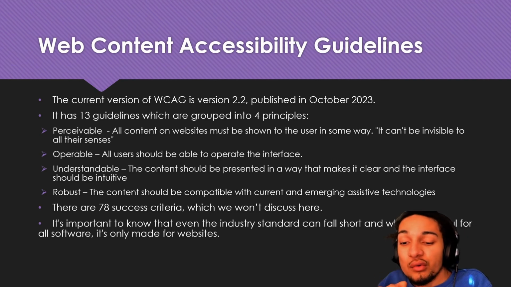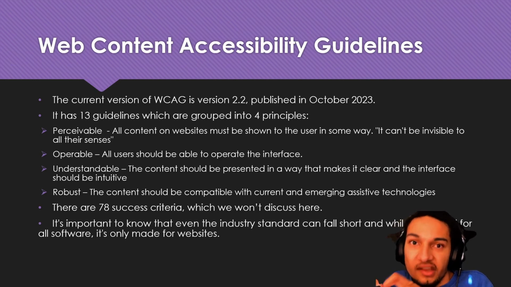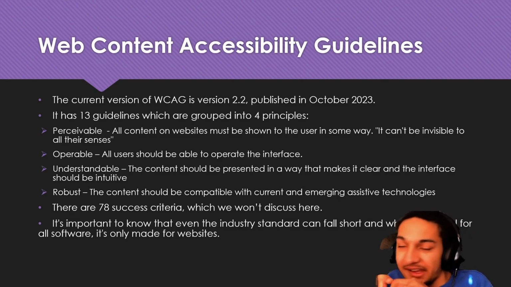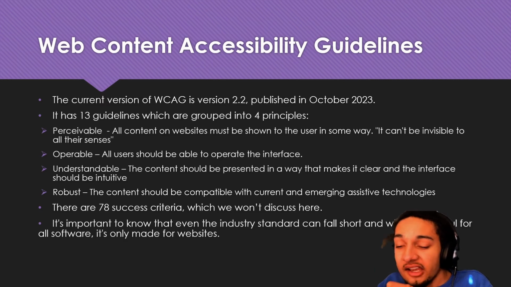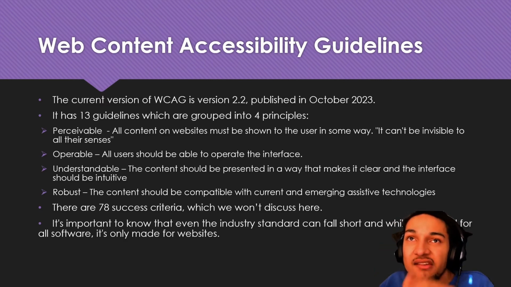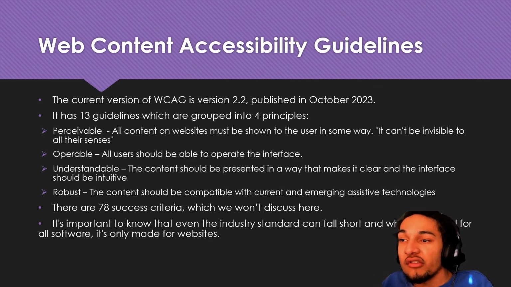Operable means that all users should be able to use the interface. That's pretty self-explanatory. You're able to interact with it in some way. When we talk about it being understandable, the content should be presented in a way where the user is able to understand the interface. Maybe it's intuitive, or maybe you're trying to avoid complex words that people might not understand.